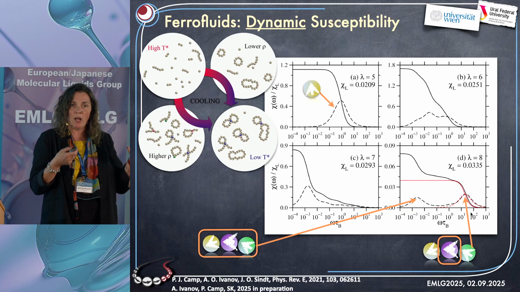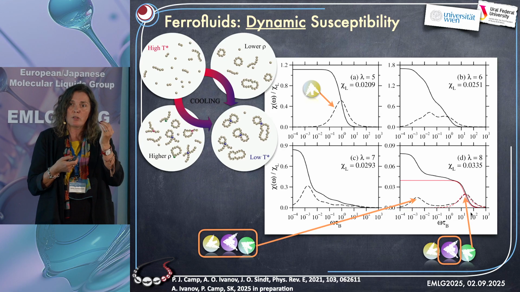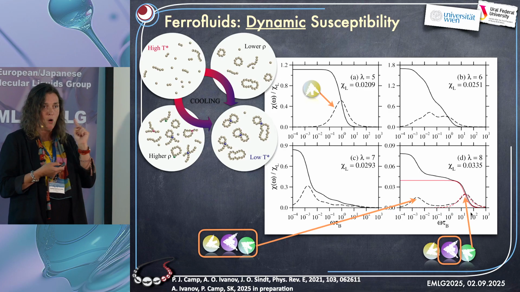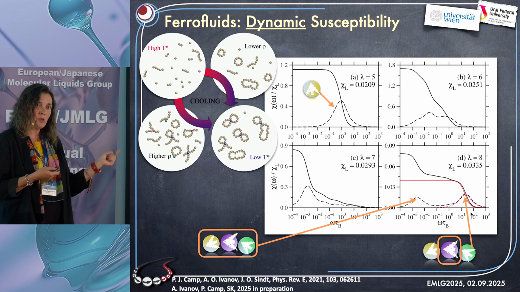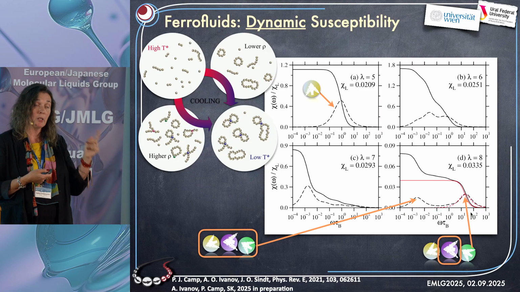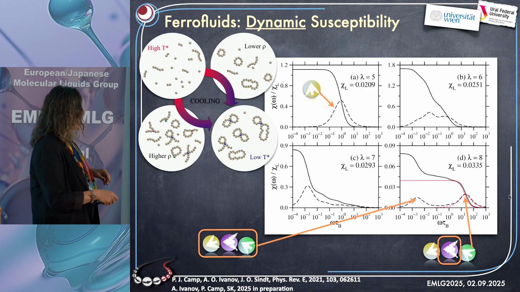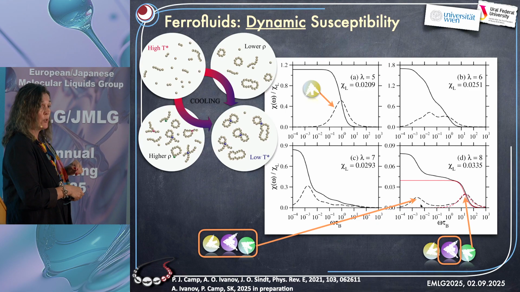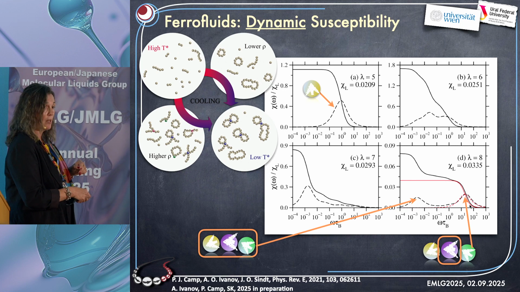So by interactions alone, solely interactions of point dipole particles, you can already split the spectra of the dynamic susceptibility into two maxima of the imaginary part. What does it tell us? It actually tells us that you can hit both this frequency and this frequency.